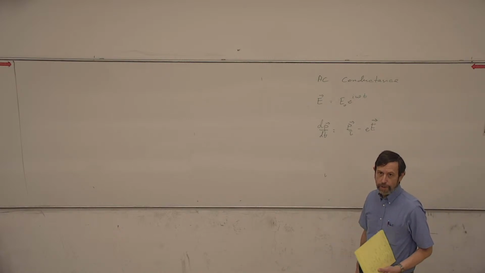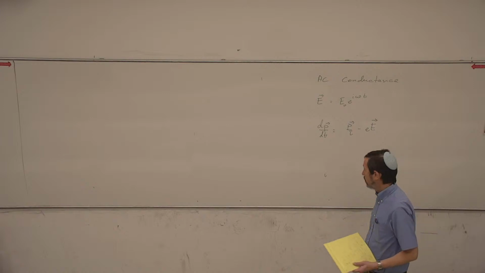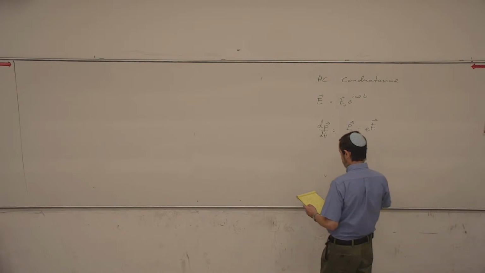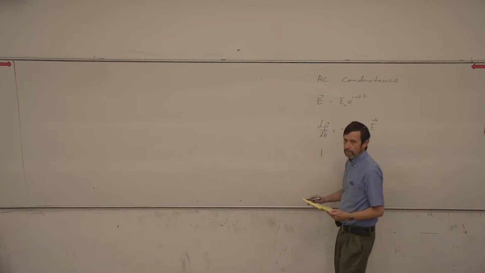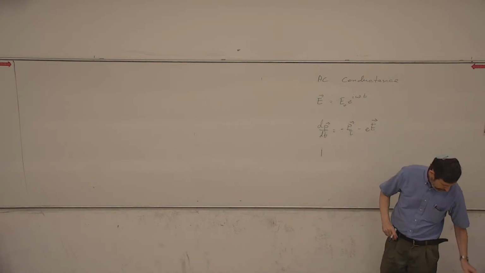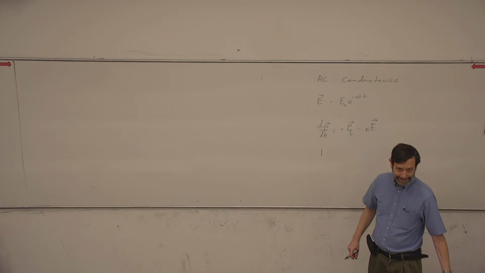Okay, the equations that we used already. Shouldn't it be minus p over tau? Yep, otherwise your rate can speed up. Right.